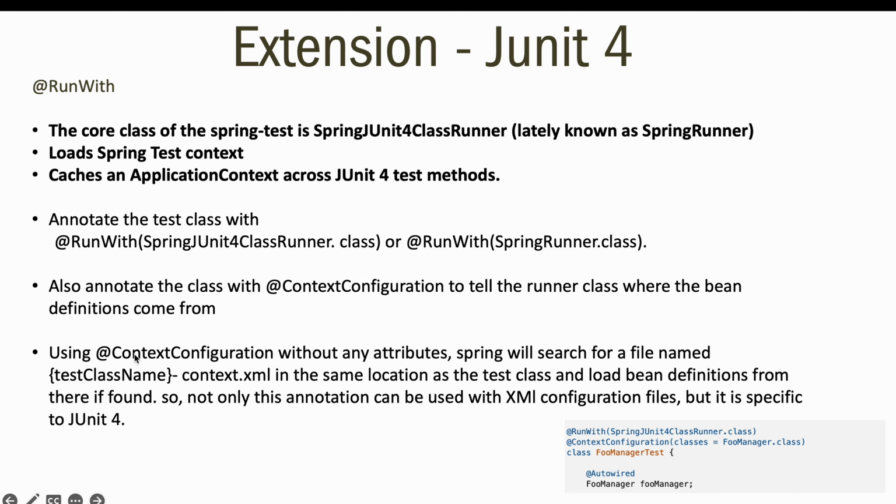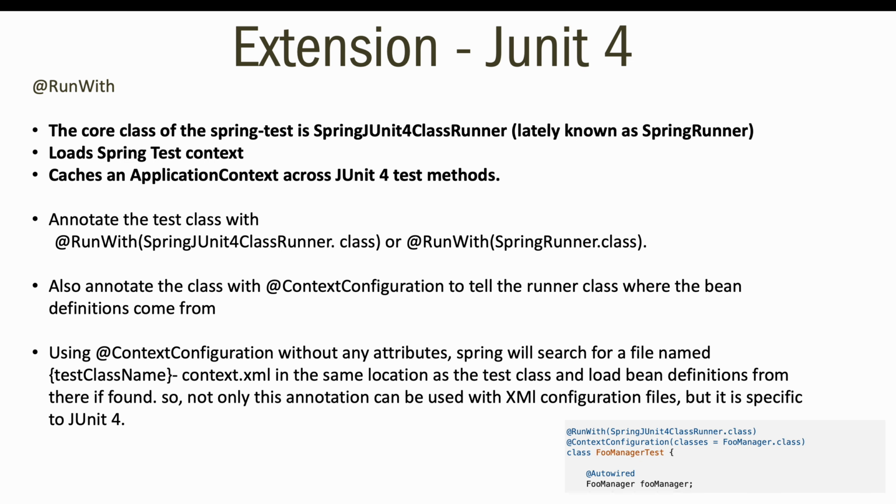Using @ContextConfiguration without any attributes at all, Spring will search for a file named testClassName-context.xml in the same location as the test class, and load the bean definitions from there if it is found. So not only can this annotation be used with XML configuration files, but it is specific to JUnit 4.